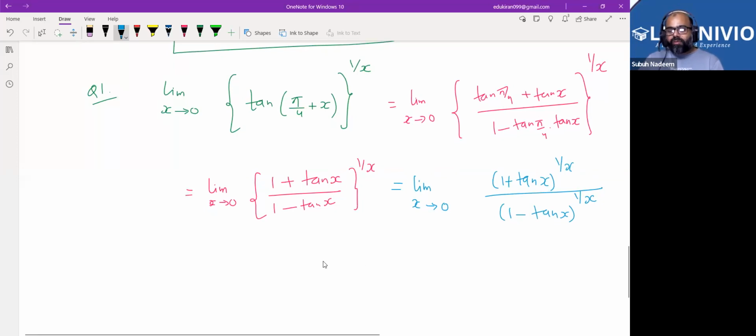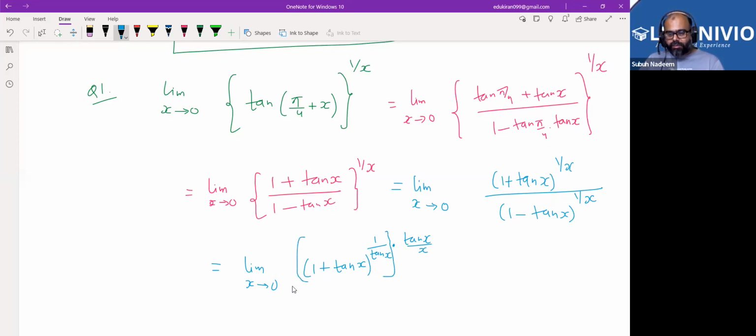So what we have to do is limit x approaching 0, 1 plus tan x, and since here it is tan x, we should have here also tan x. But we can't put tan x on our own, so we have to multiply with tan x also. And 1 by x is there, so that 1 by x we will put there. So this would be like this.